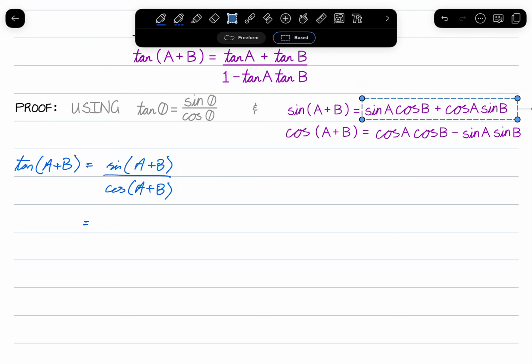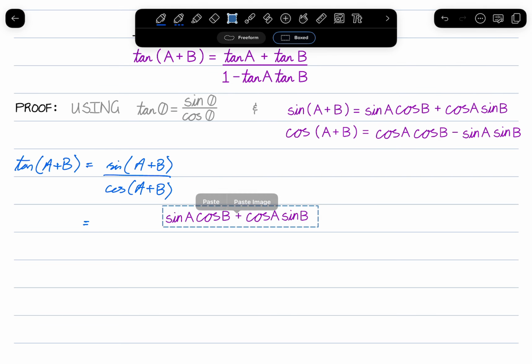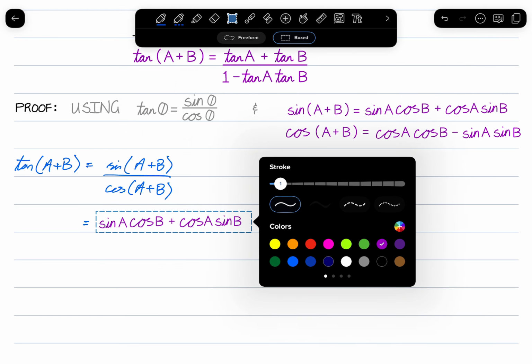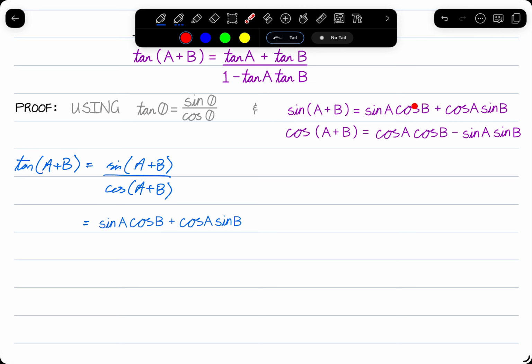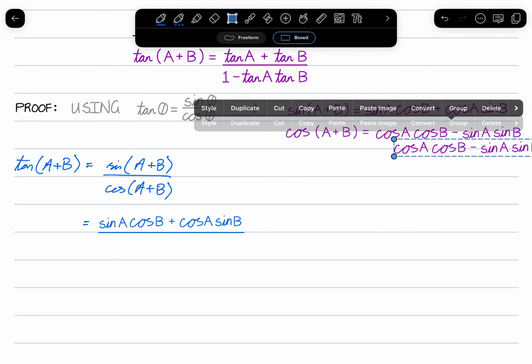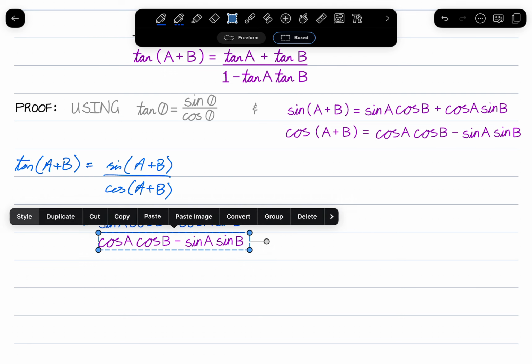So you can pause and copy along as well, but hope you can see it's rather straightforward that I'm going to use this identity here. In the exact same way, the denominator is cos of a plus b. Well, I'm just going to copy paste that identity that we've established before. There we go.